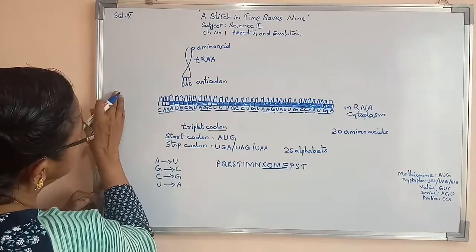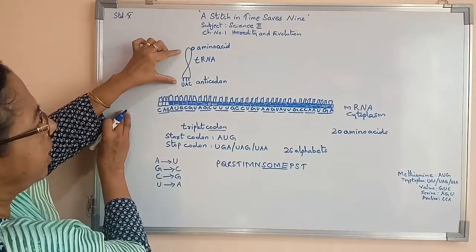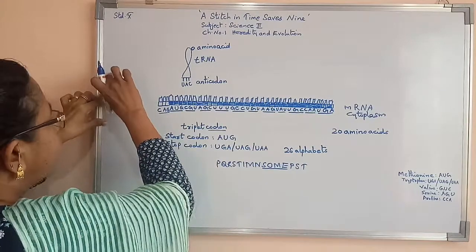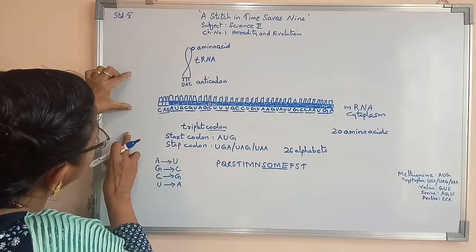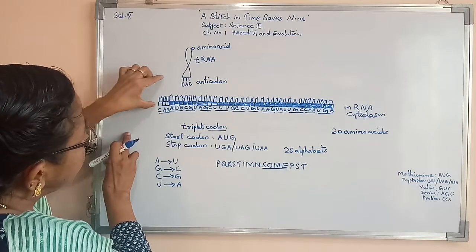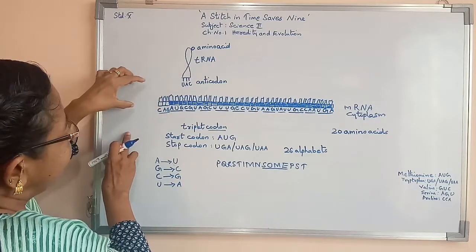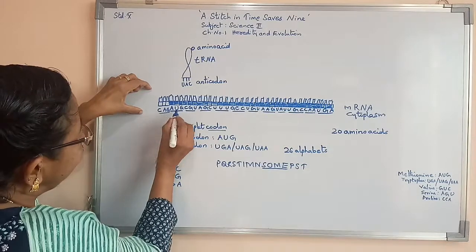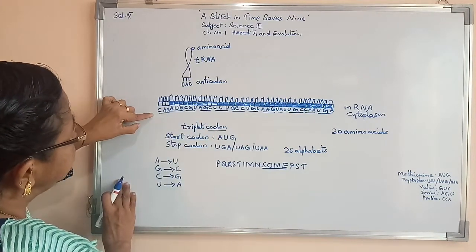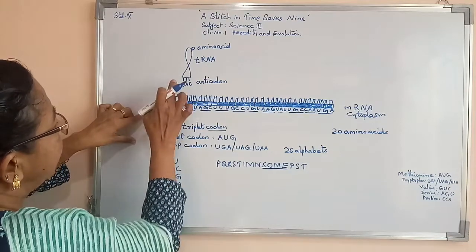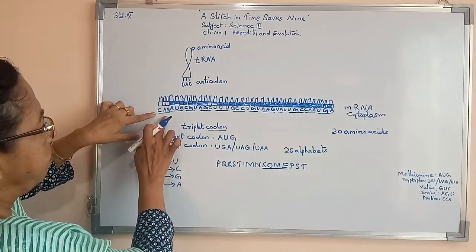So suppose this transfer RNA came here. It moves along with the ribosome through the messenger RNA and starts reading the codons. Now CAG came, so it finds that it is unwanted. Why?